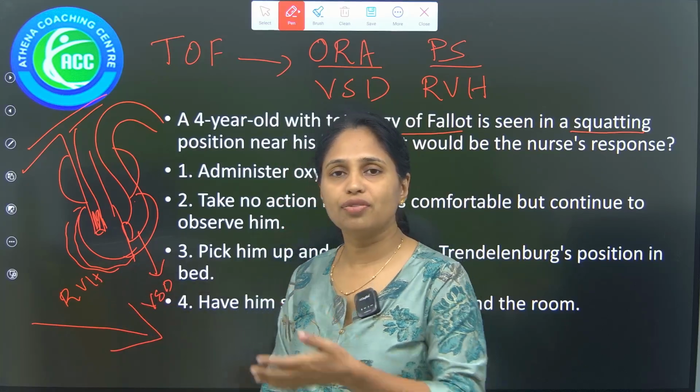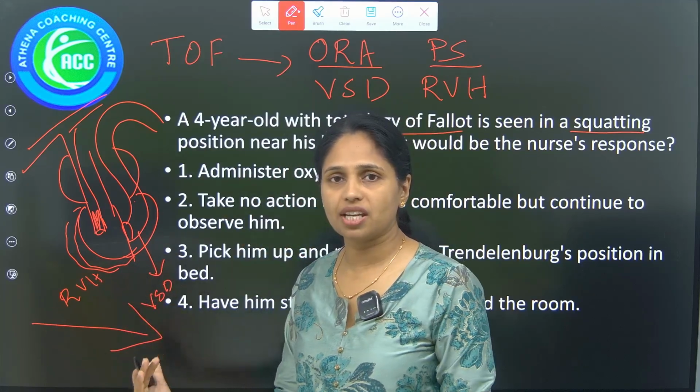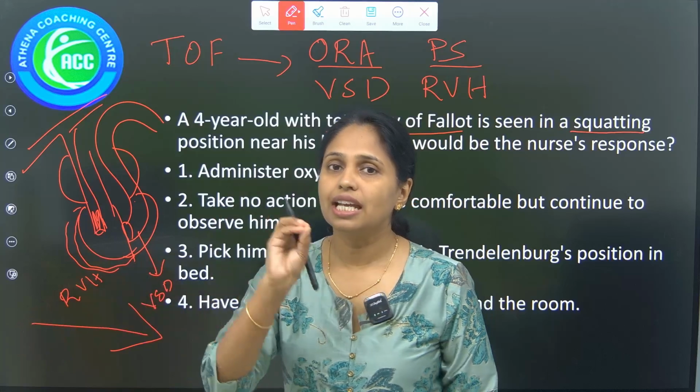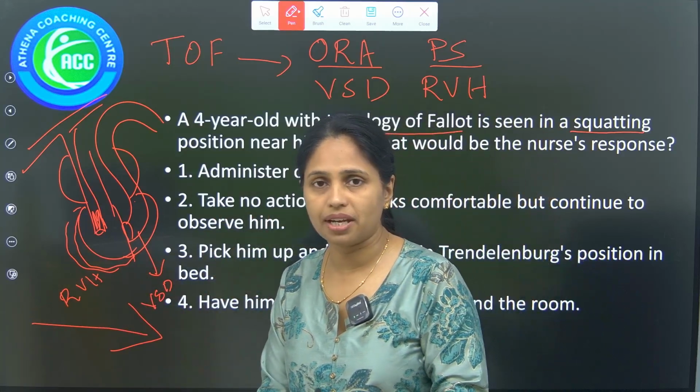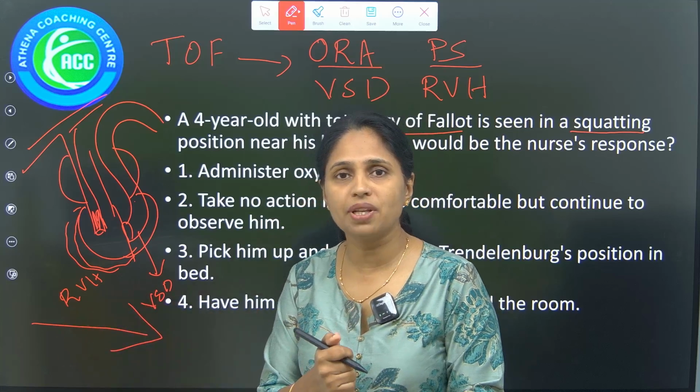The blood gets shunted from the right-hand side to the left-hand side. The right side of the heart has deoxygenated blood, whereas the left side has oxygenated blood. Because of this shunting, what happens?